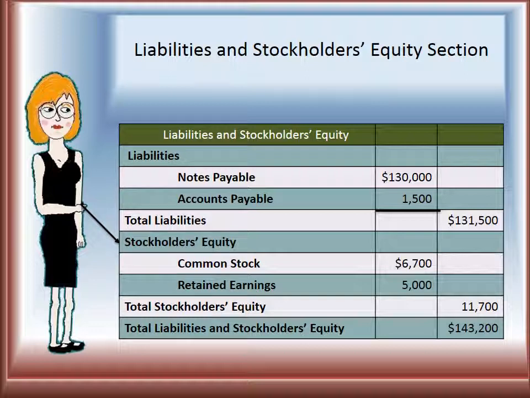We will then do the subheading stockholders' equity. We will list common stock and retained earnings, pulling the amounts over one column to the left to denote that we're subtotaling. We will then put the dark underline under that, so we're adding these together. We'll do total stockholders' equity, and we'll put that in the right-hand column.